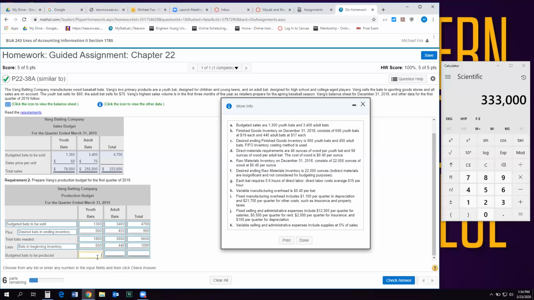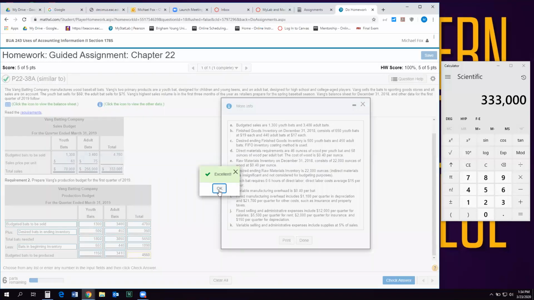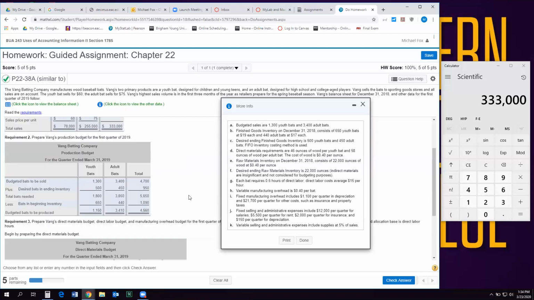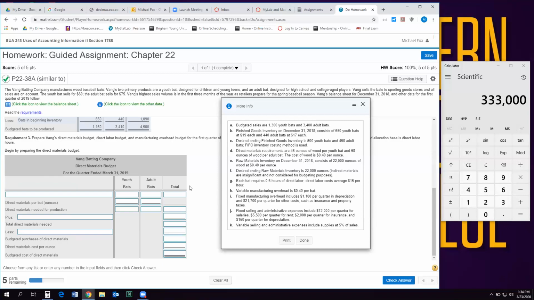I should probably use my calculator instead of doing it in my head, because it really increases my chance of making a mistake. That gives 4,560. All right, so that is how we do our production budget. Now we're going to do our direct materials budget.